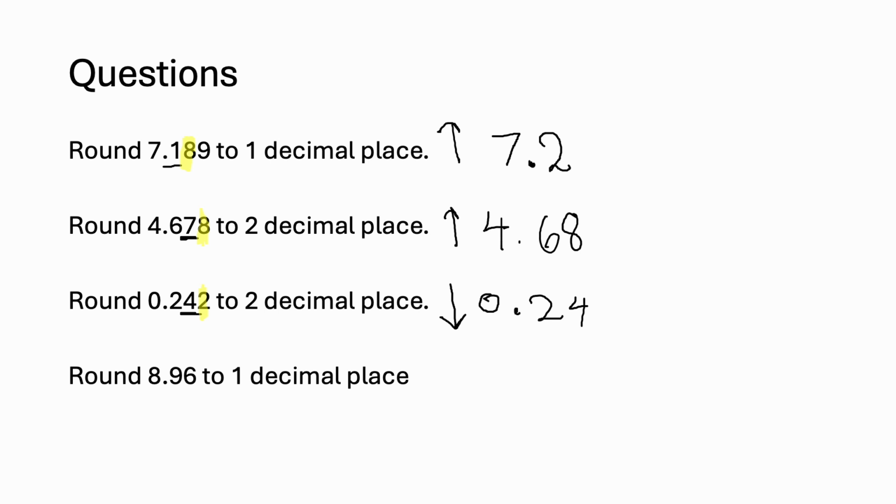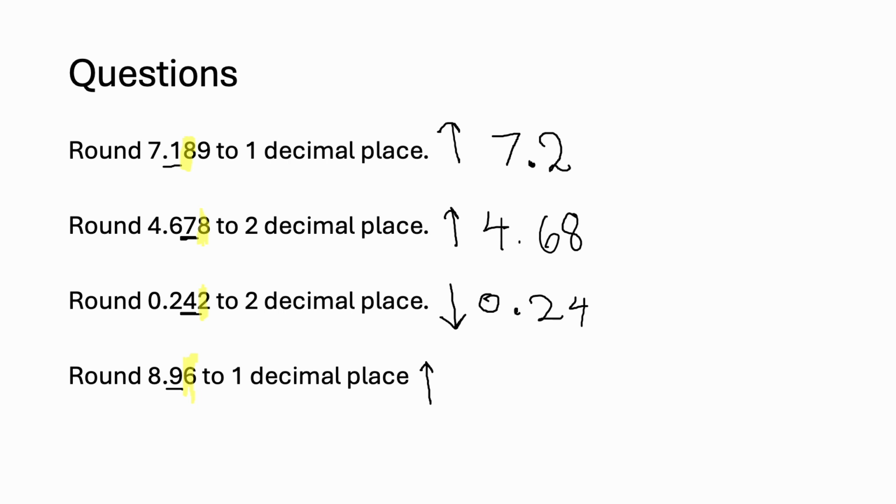Now this one here, round 8.96 to 1 decimal place. So we look at our first decimal place, which is here, this 9. Look at the number next to it, which is 6. So this one's quite an interesting one here. 6 is more than 5, so that means we round up, meaning that the 9 is going to go up by 1.